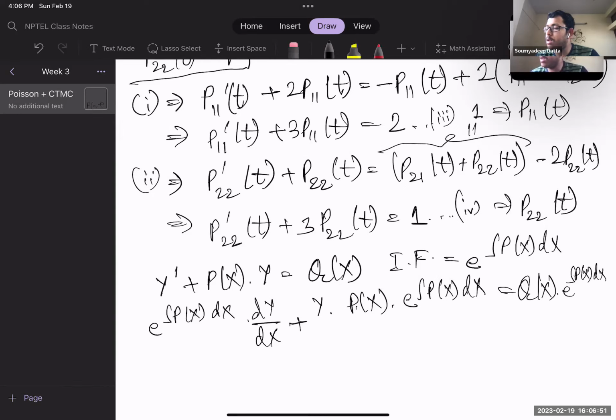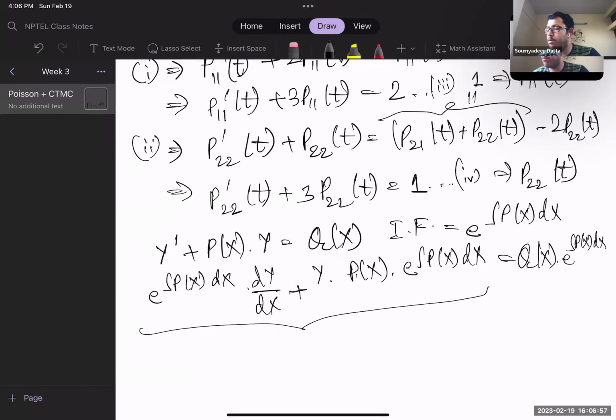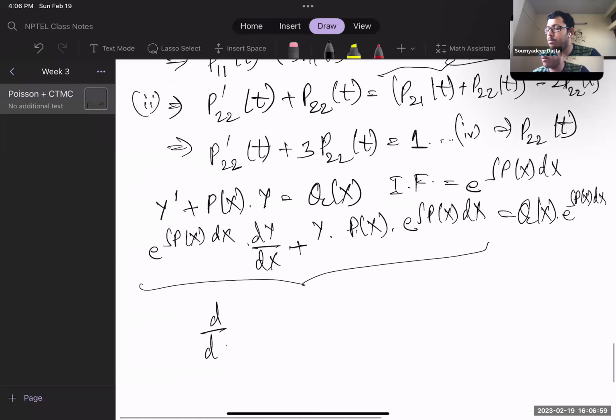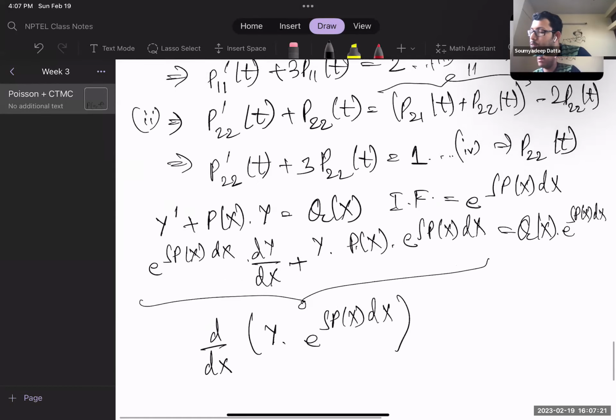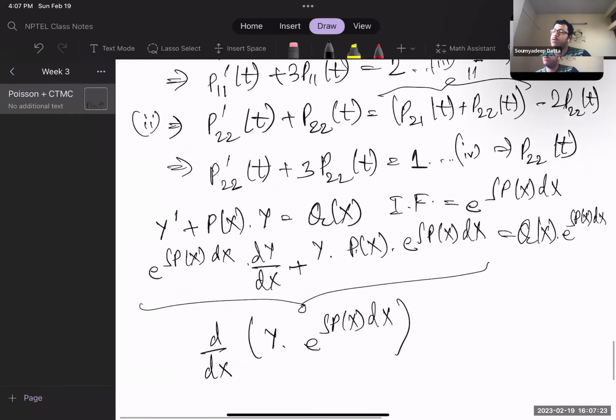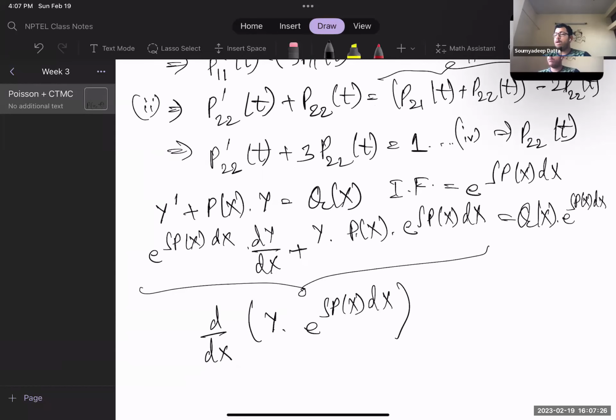So I'm multiplying this integrating factor on both sides. And this quantity, if you recognize it, is nothing but, if you use the product rule over d dx of y times e to the power integral p of x dx, exactly what you get. You first take e to the power integral p of x dx out and do d dx over y, plus you take y out and then do d dx over e to the power integral p of x dx. This is what you get, right?